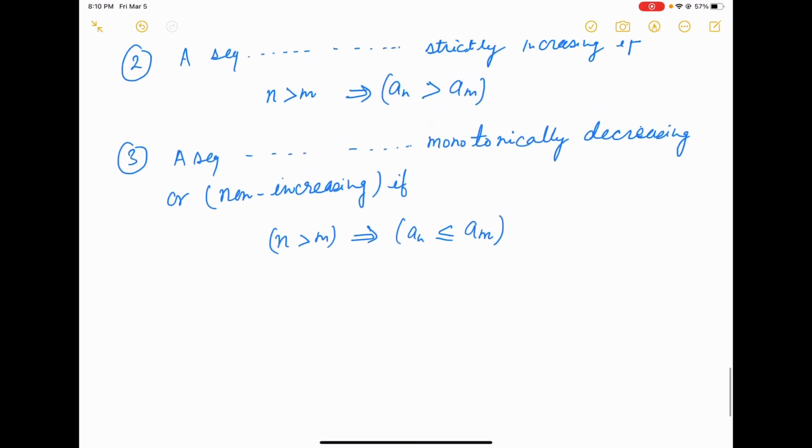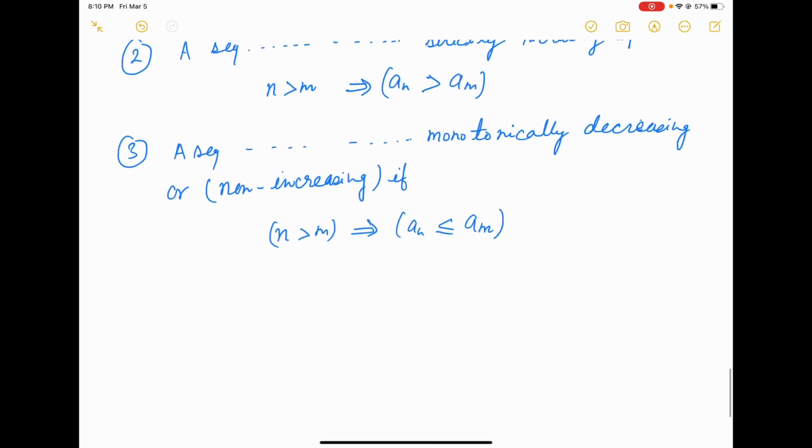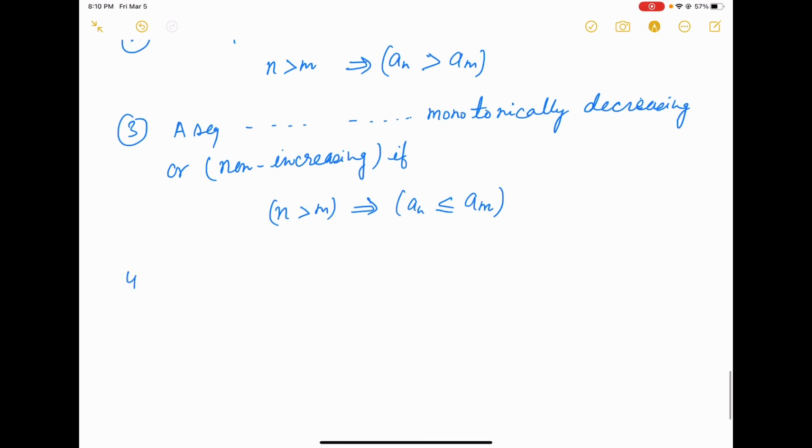Then this is called a monotonically decreasing sequence.